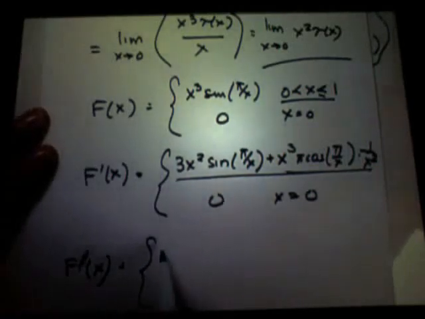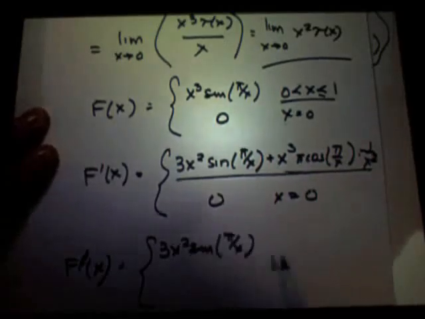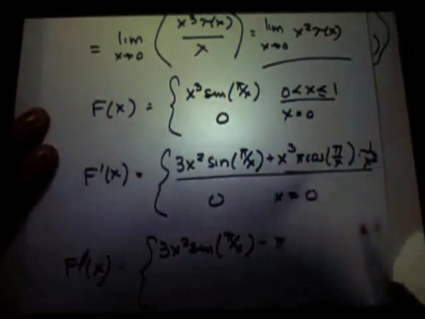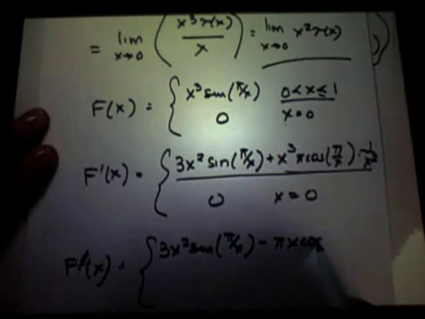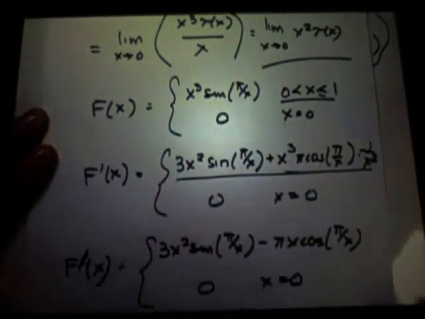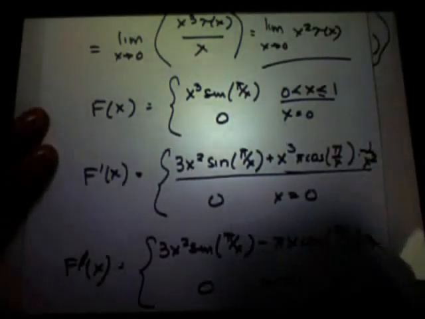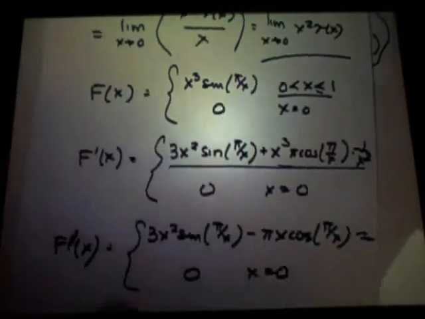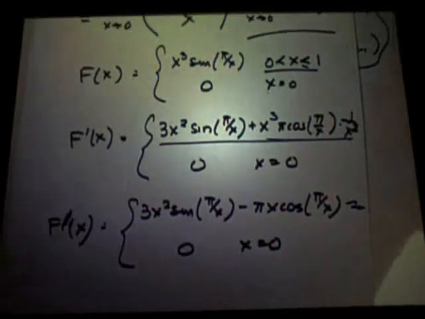It is 3x squared sine pi over x minus pi x cos pi over x. See? So this is the usual condition here between 0 and 1, 0 excluded. All right, so that's part A.